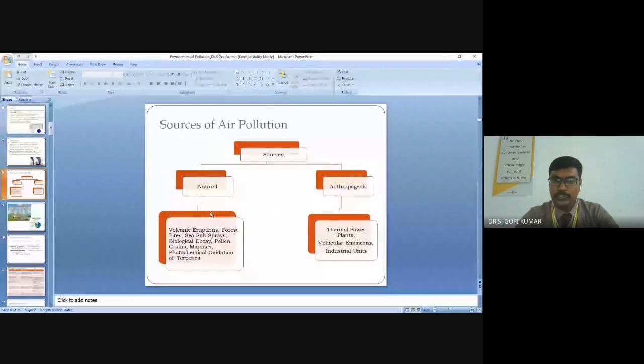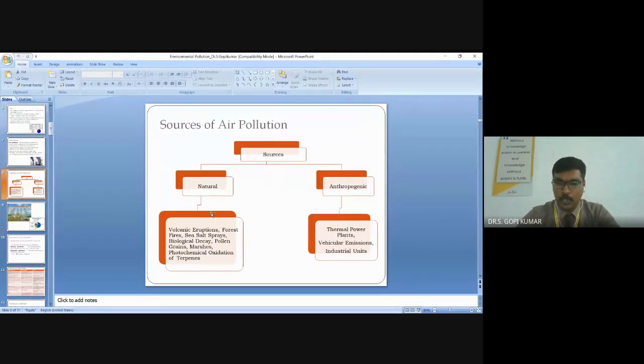Now, sources of air pollution are classified as natural and anthropogenic. Natural sources include volcanic eruption, forest fire, sea salt sprays, biological decay, pollen grains, and photochemical oxidations.